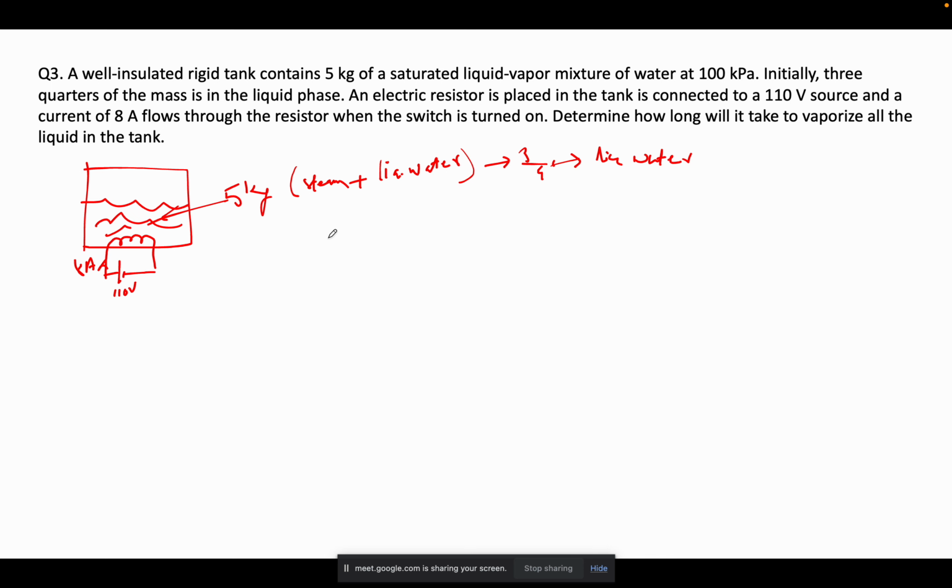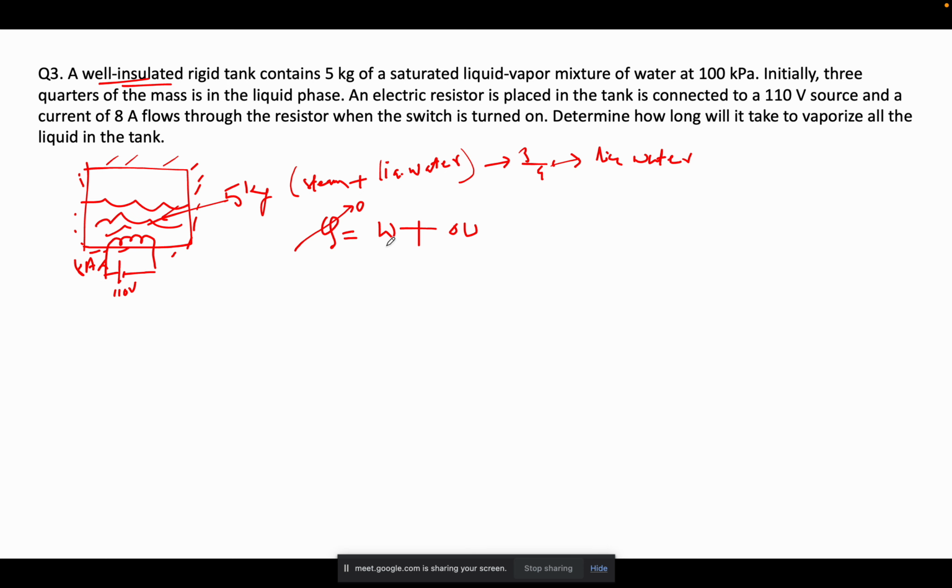Okay, so let us first apply the first law of thermodynamics. Q is equal to W plus delta U. Since it is a well insulated tank and a rigid tank, Q is equal to 0, and since it is a rigid tank, the PdV work is not there.